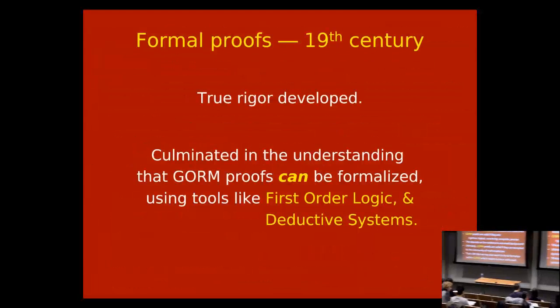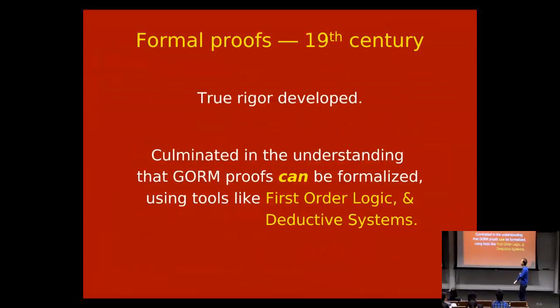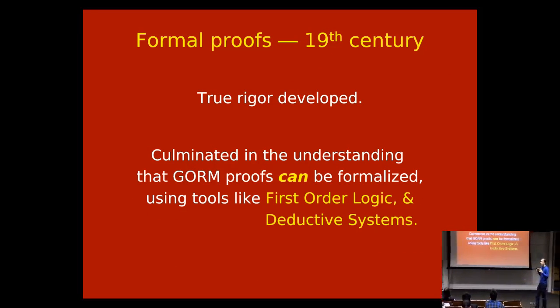So in the late 19th and early 20th century, they started to try to develop a very mechanical, purely formal reasoning about proofs. And it involved 2 tools that we talked about, first-order logic and also deductive systems.